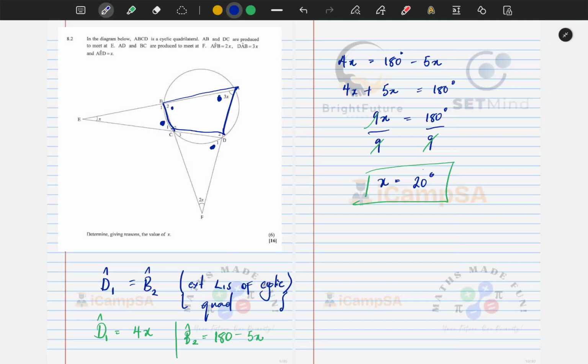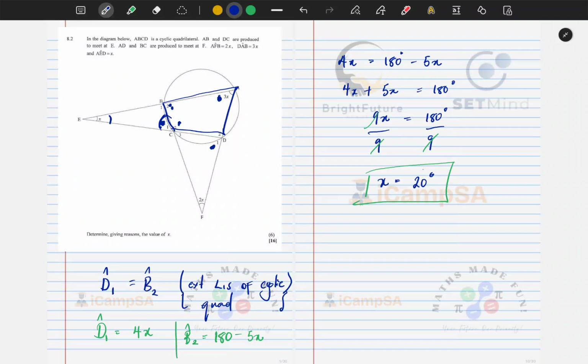B2 was going to follow the same procedure, which is exterior angles of a triangle. So it was going to be the exterior angle of this one, so this plus that, which was going to give you 4x. And then from there, C1 was going to be equal to C2. This angle was going to be equal to this because of vertically opposite angles, right?